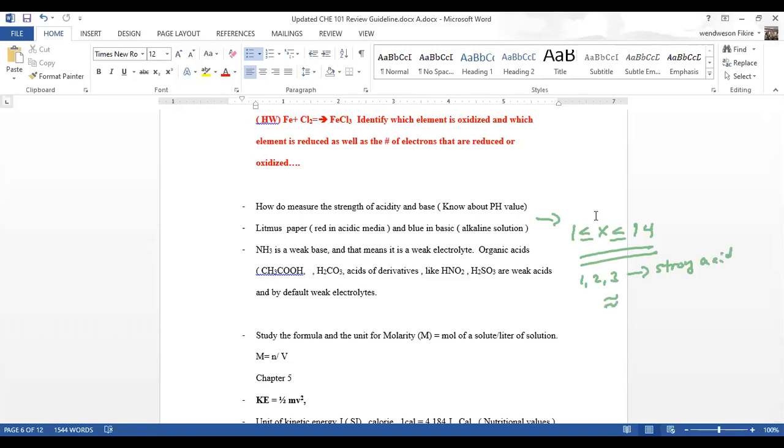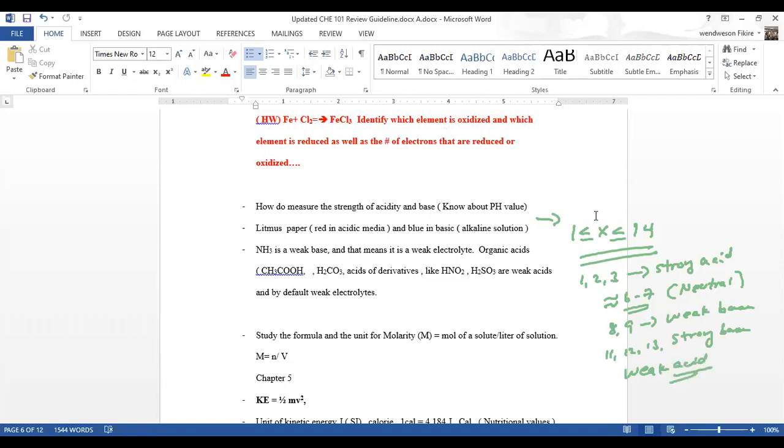Around 6 and 7 is considered neutral. 8 and 9 is considered a weak base. Something like 11, 12, 13 is considered a strong base.